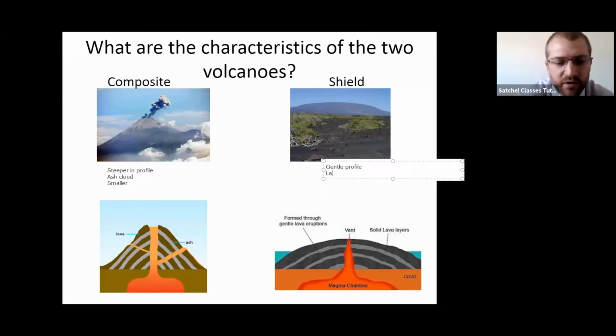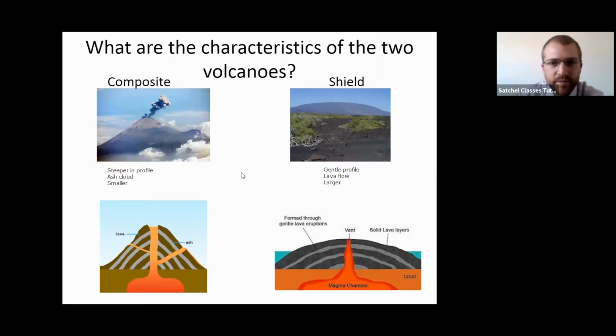It looked like a lava flow, so solid rock in the foreground, which seems to be really far away from the actual volcano. And it looks much, much larger in terms of its size. So there we are. Those are the key characteristics.